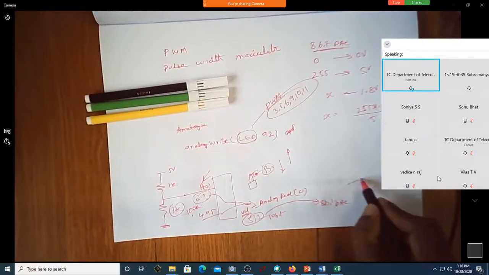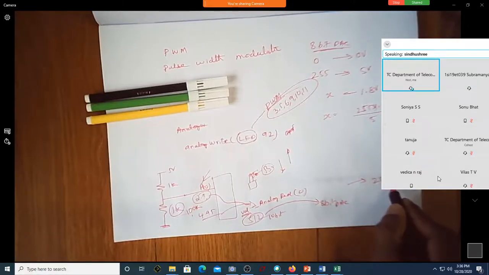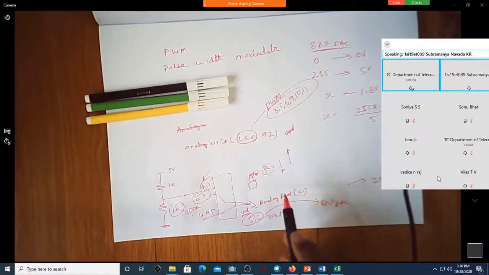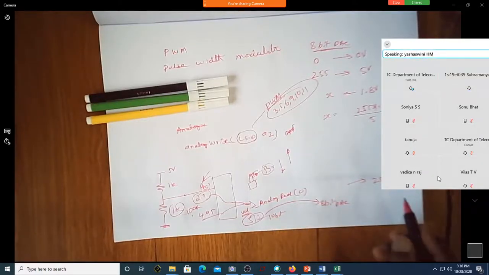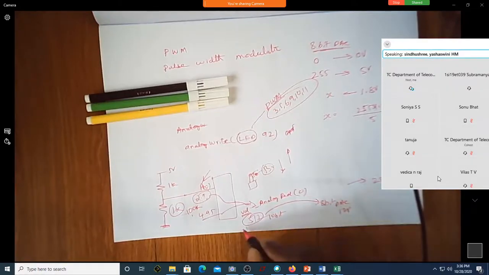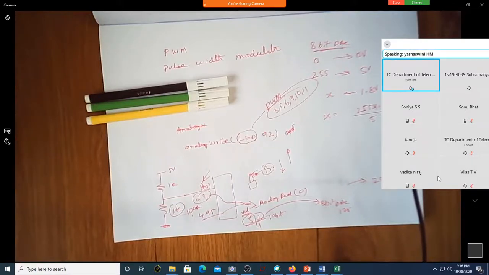What is the maximum value of the DAC you can get? 255, sir. 256 is the total number of possible values, 0 to 255. Is 512 half of 1023 or 1024? What is half of 256? 128. If you divide 512 by 4, are you not getting 128? It's the same thing.